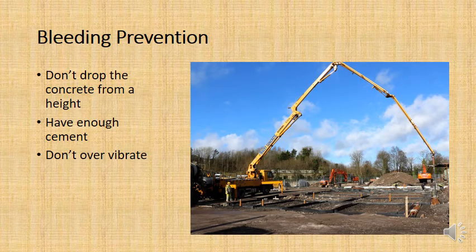And so preventing bleeding is similar to preventing regular segregation. You do not drop the concrete from a great height. Now, increasingly this has become easier because we now use concrete pumps, similar to the one in the picture on the right.